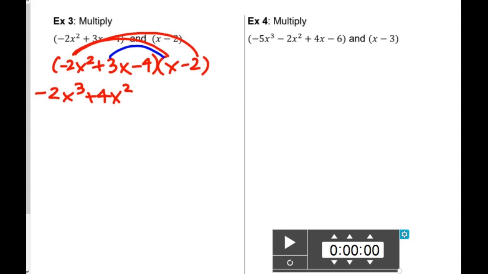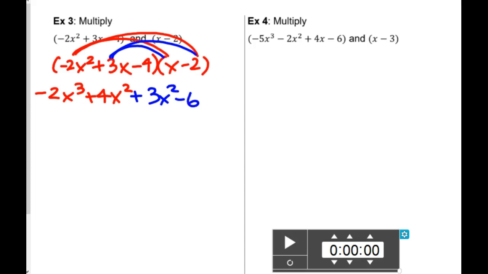Now, we're multiplying, so the 3 times 1 is still 3, plus 3, and then the x's multiplied. x and x makes x squared, right? So plus 3x squared, and then 3x times negative 2, negative 6x, right? 3 times negative 2.